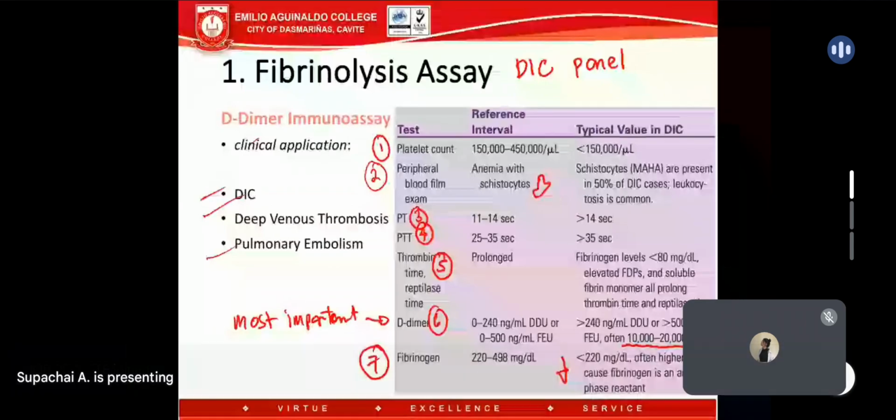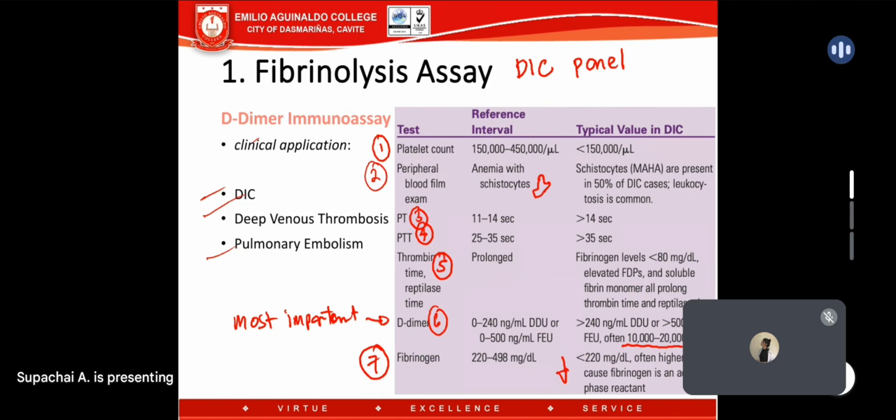As a matter of fact, patients with DIC would have a D-dimer level somewhere between 10,000 to 20,000 nanogram per ml. And then the seventh criterion is the fibrinogen level. The fibrinogen level is decreased, less than 220 milligrams per dL, because fibrinogen, according to this table, is considered to be an acute phase reactant.